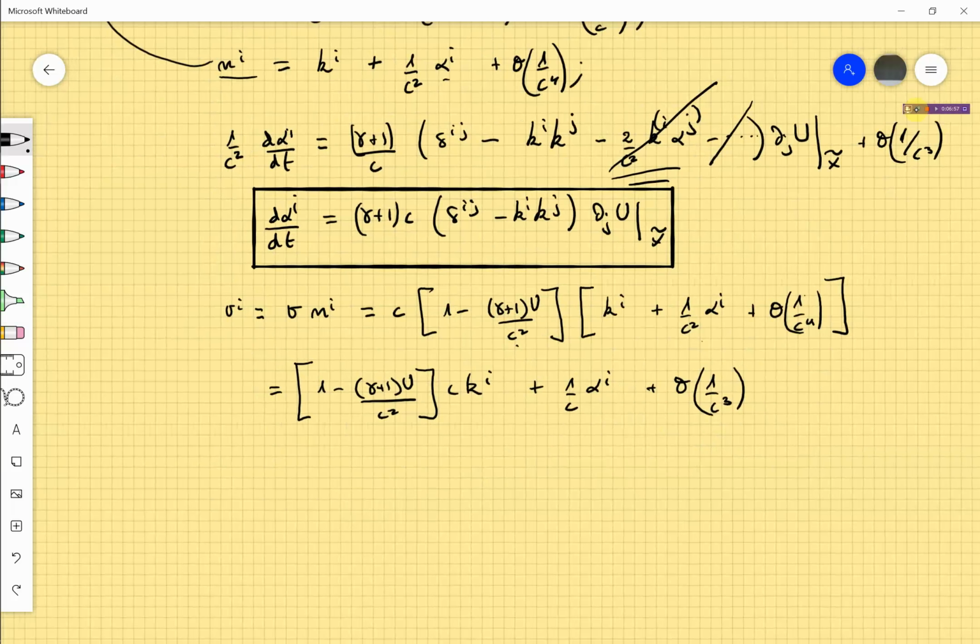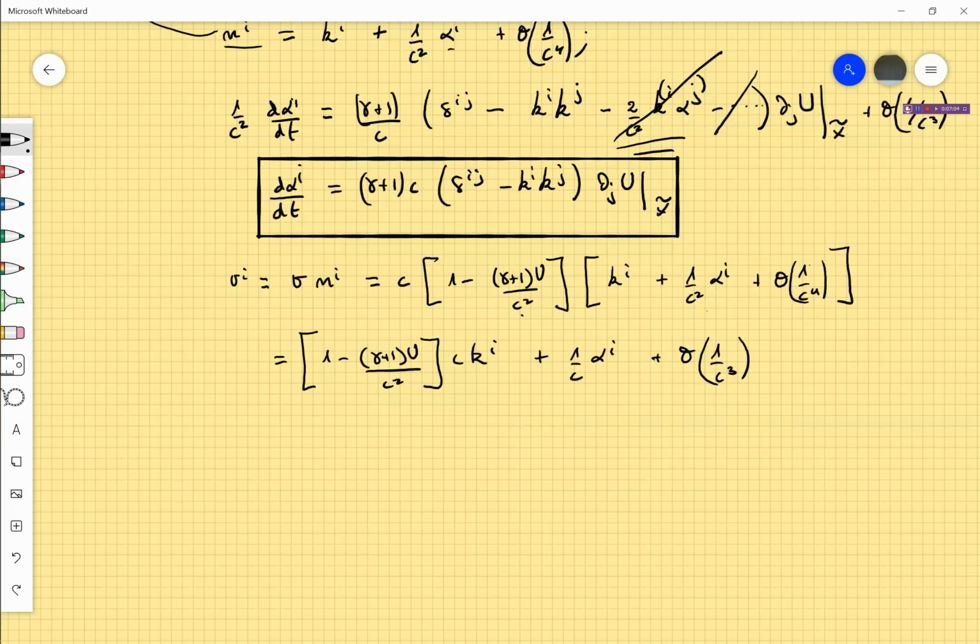The product of this term with u and alpha i would already be of order 1 over c cubed. This term takes care of the longitudinal effects.